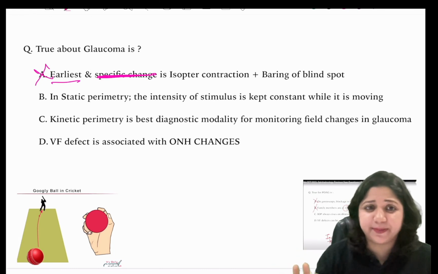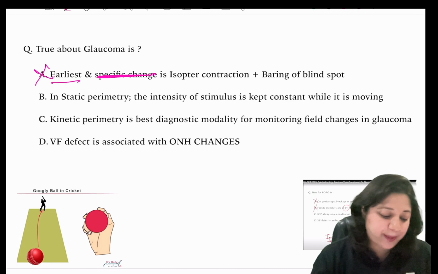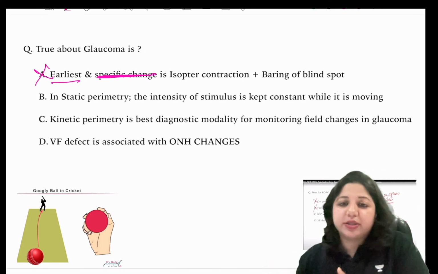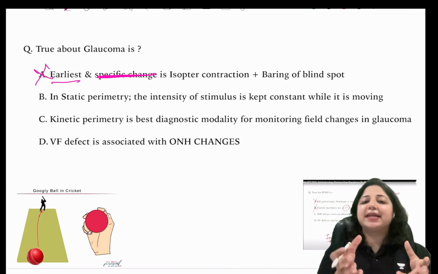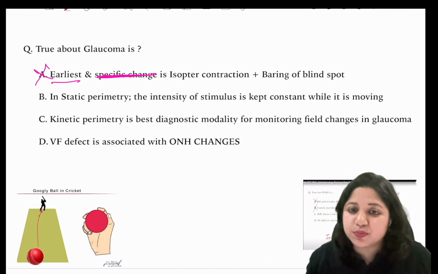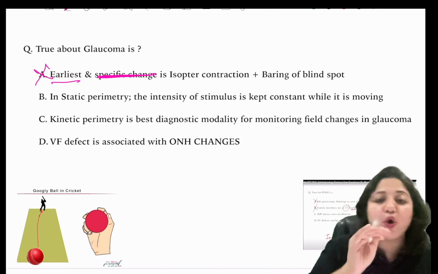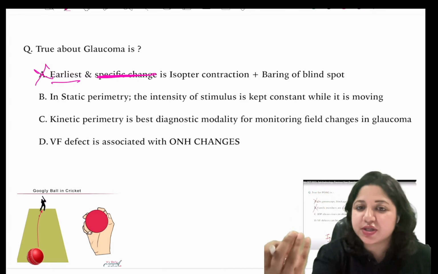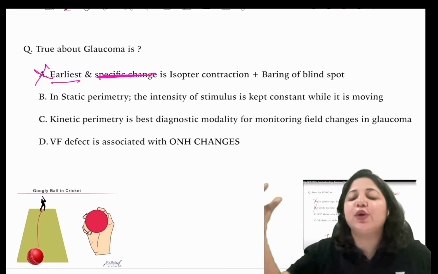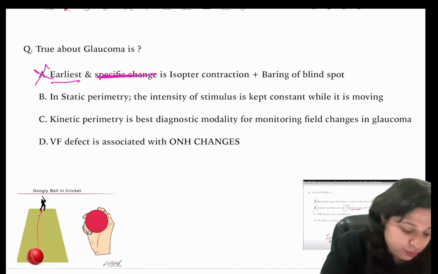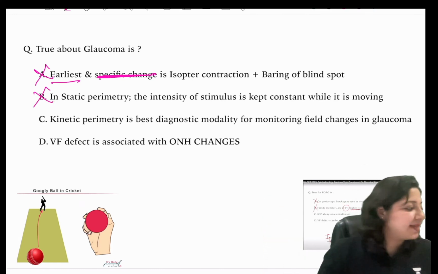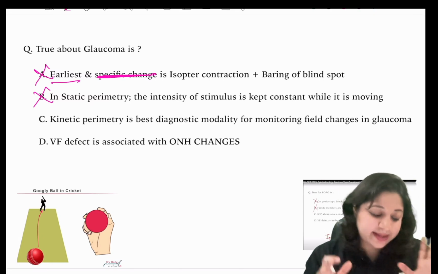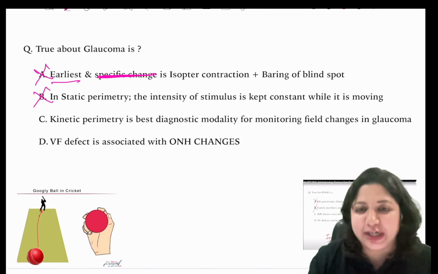That is quite understandable. The other option says in static perimetry, the intensity of stimulus is kept constant and the stimulus is moving. Here it says static and it says the stimulus is moving. It doesn't work. We all know in static perimetry, the stimulus is not moving. The stimulus location is constant, but it is the intensity which is actually varying. So this is also wrong, right? Next it says in kinetic perimetry, kinetic perimetry is the best diagnostic modality for monitoring the field changes in glaucoma.